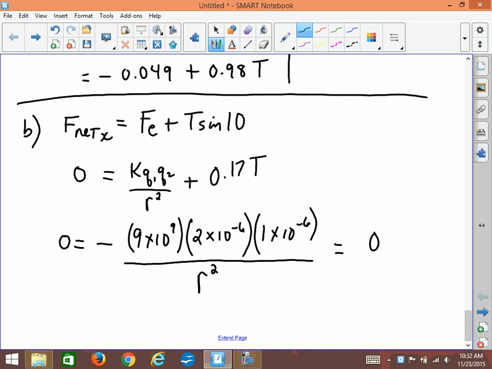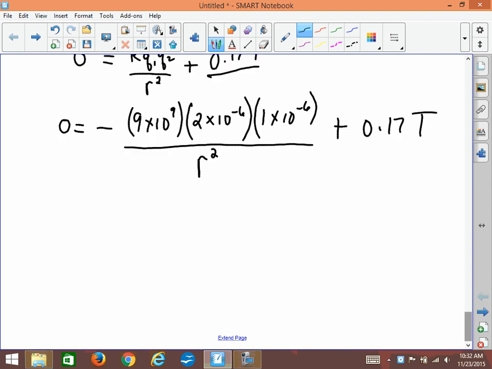Oh, sorry, I forgot something, didn't I? Let's not forget about our little plus 0.17 T. It didn't disappear, it's still there, so we have to keep it in the picture. Now we can continue. Negative 0.018 is the number I got.